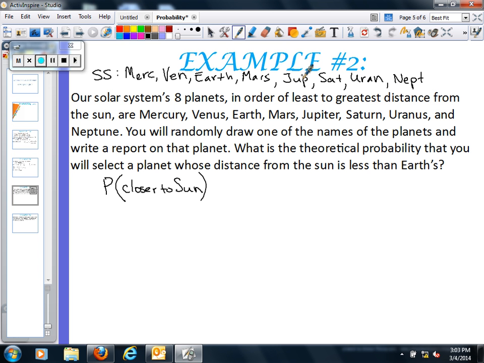Now, my event, okay, the event then is the outcomes that are going to fit with my question. So basically the event is each planet that is closer to the sun than the Earth, which would only be Mercury and Venus.